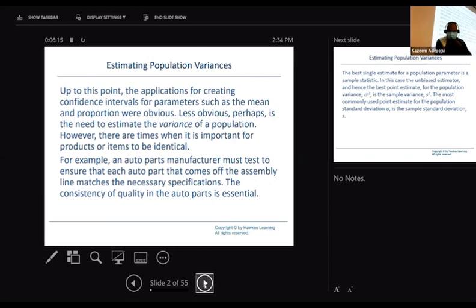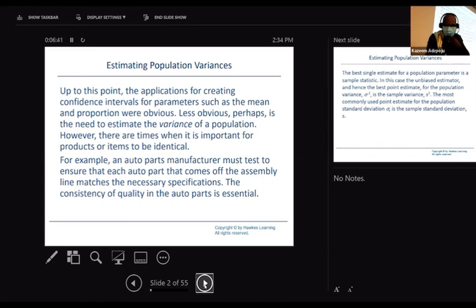Okay, and that was why I said, for example, an auto part manufacturer must test to ensure that each auto part that comes off the assembly line matches the necessary specifications. Before you go into production, of course, you have a specification, and at the end of the day, you need to be able to investigate whether what you produce conforms to the specified standard.